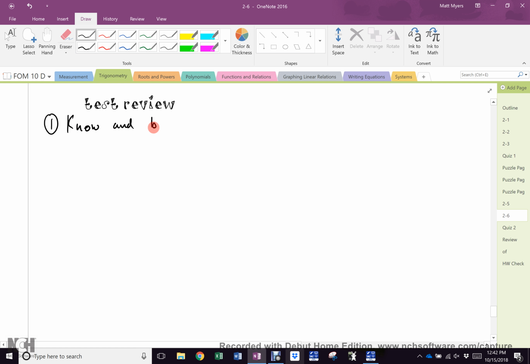know and be able to use, please highlight that, Pythagoras. Know it. Pythagoras has two options. In one option, what mathematical operation is central to the question? Adding.